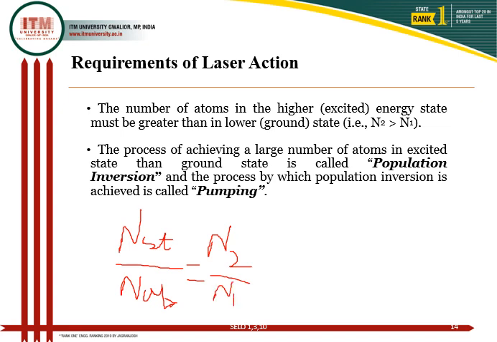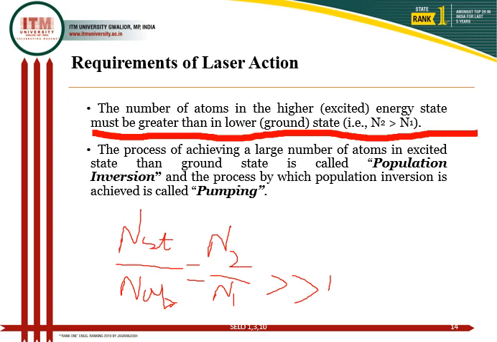The value of this ratio must be greater than 1 for lasing action, and that is why we have written here that the number of atoms in the excited state must be greater than in the lower state. This phenomenon is called population inversion.